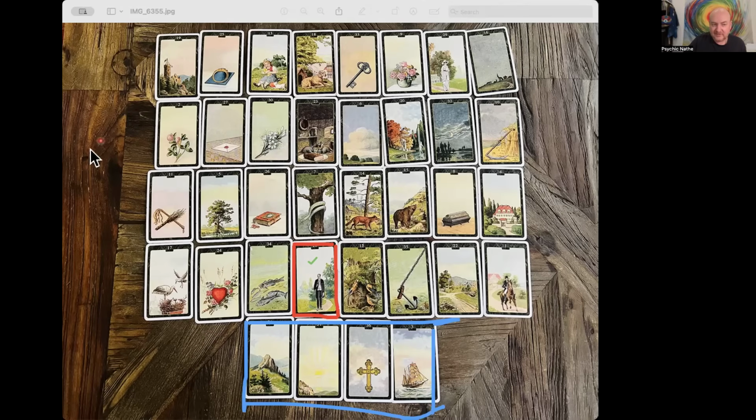Then I look at the center of the tableau. In the center of the tableau, what you can see in green here represents two cards. One here is the snake, and one here is the fox. So I can already tell you that he has a lot of enemies.